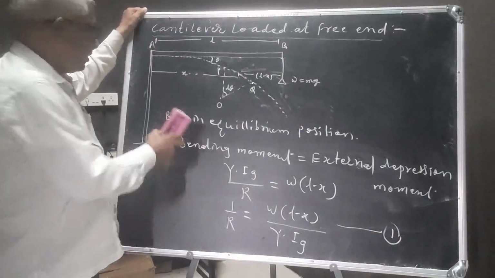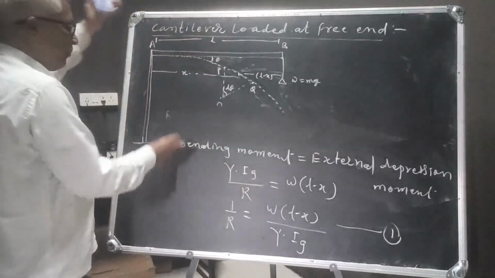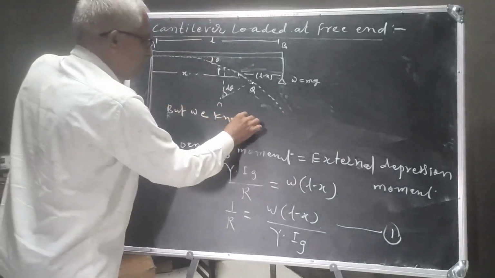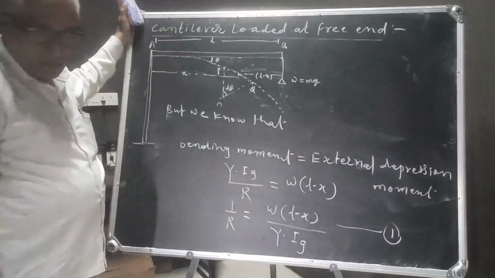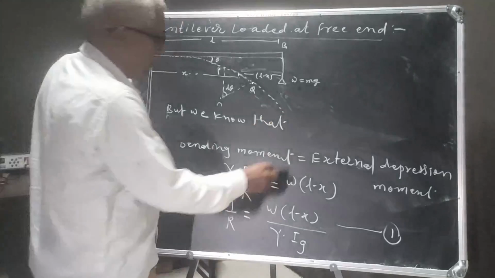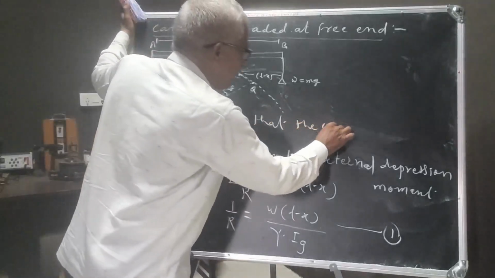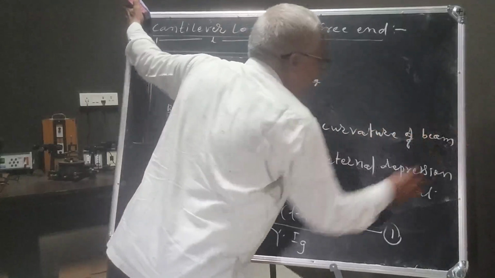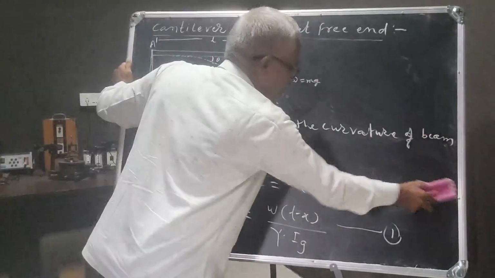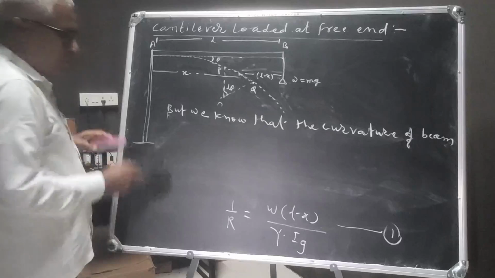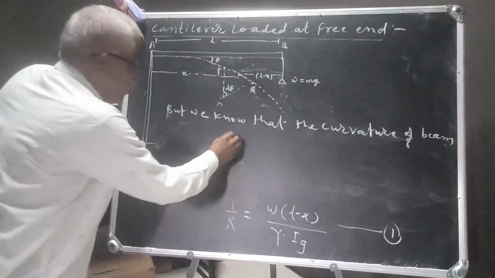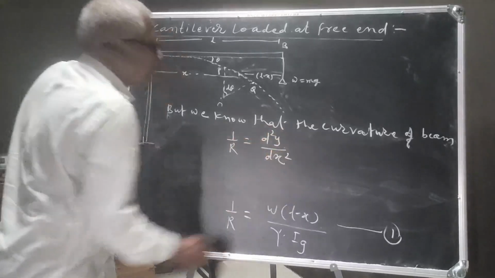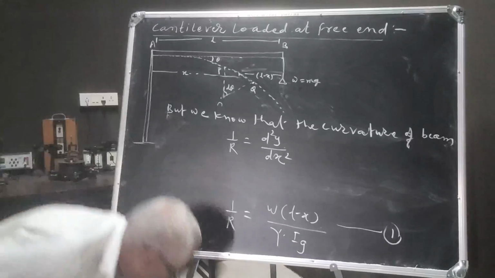But we know that the curvature of the beam, 1 upon R, equals d2y by dx square. This is the curvature of the beam.